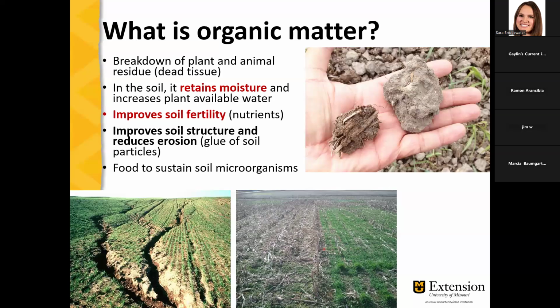And as I mentioned before, organic matter is also food to sustain soil microorganisms. That activates not only the degradation of organic matter, but the release of nutrients for your plants. So that's the importance of organic matter and what it is. And that's why we use compost to improve the amount of organic matter in the soil.